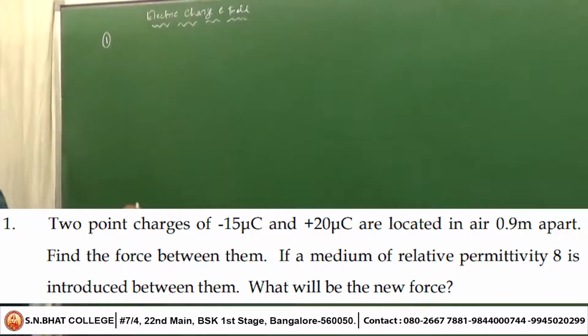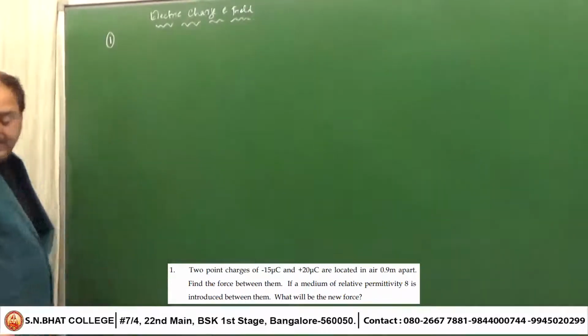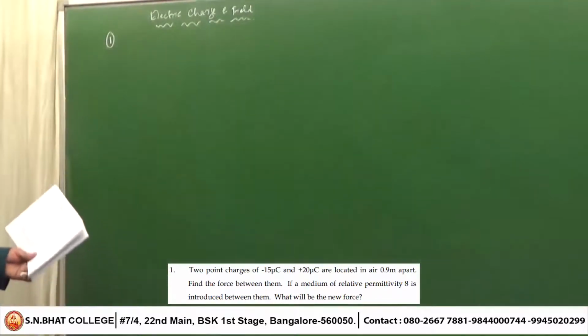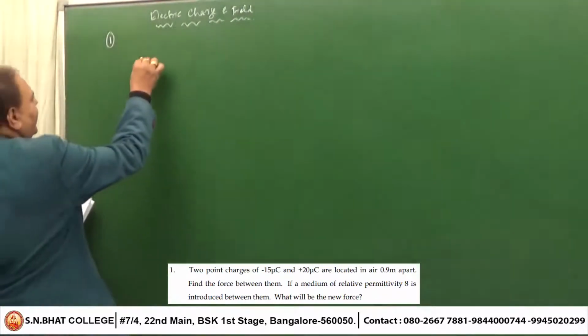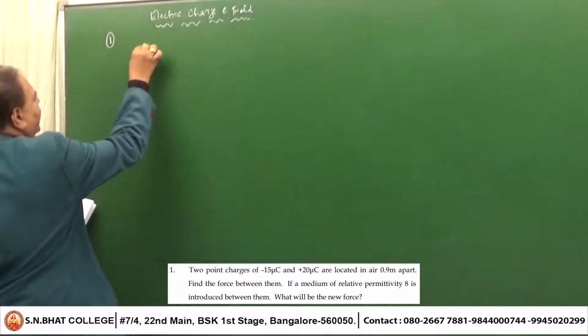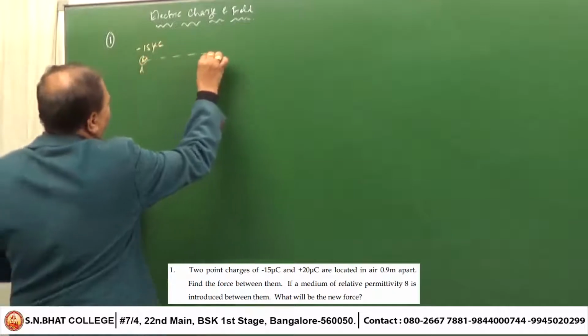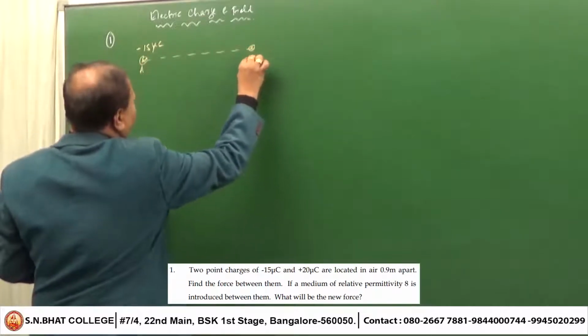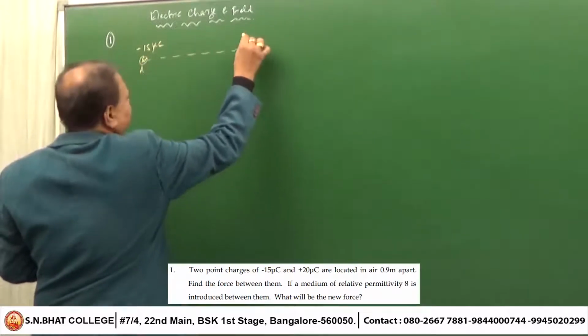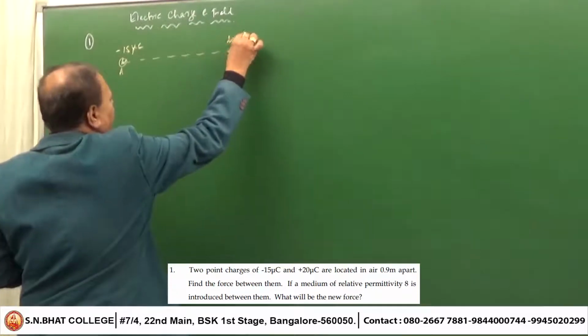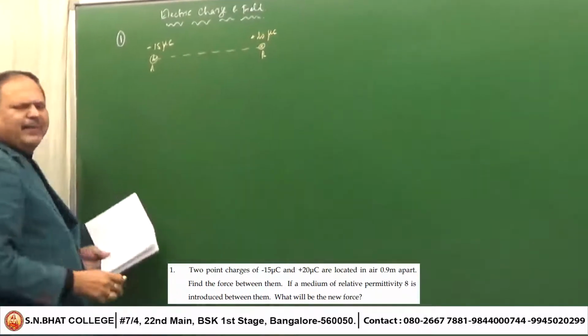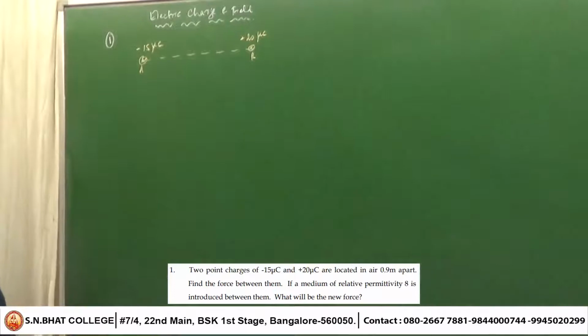See, it's a very simple problem. Here are the two charges. One is minus 15 microcoulomb, placed at A. The other is placed at B, which is plus 20 microcoulomb. So plus and minus are unlike charges, they get attracted.